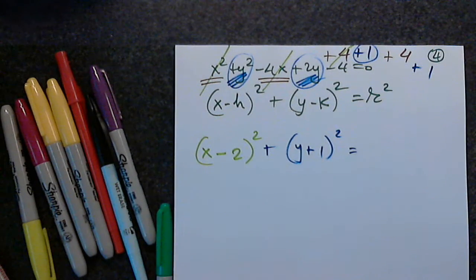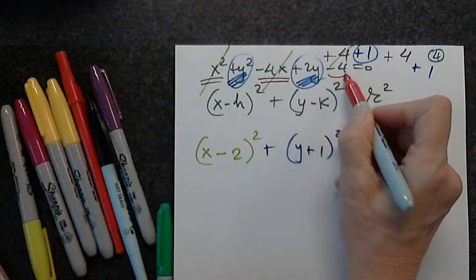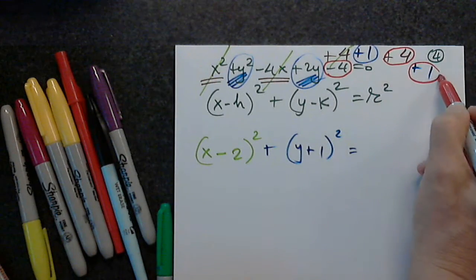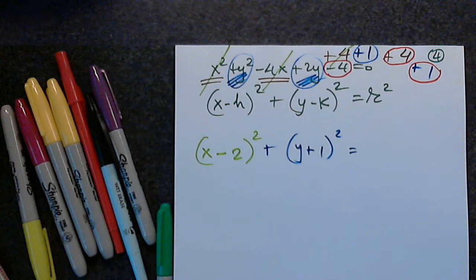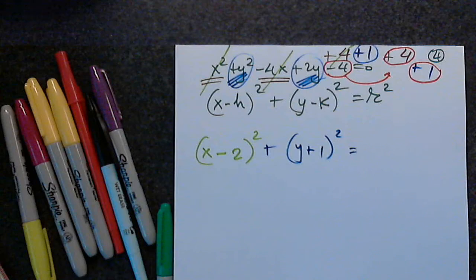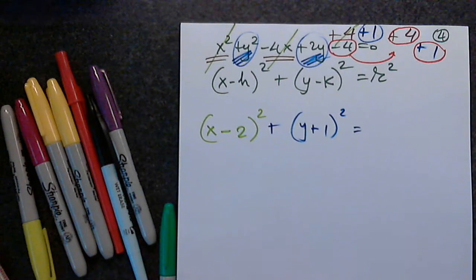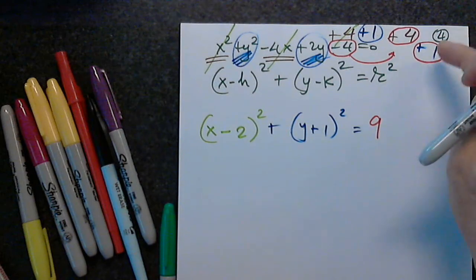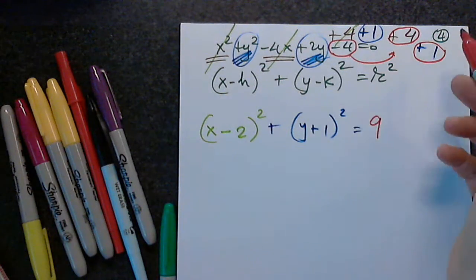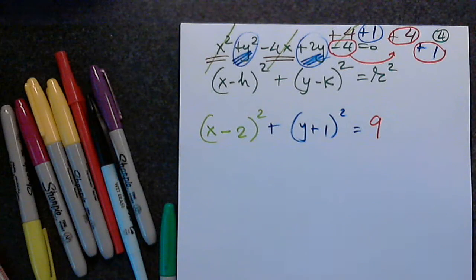So let's see what we have not used yet. We have not used this. We have not used this. And we have not used this. But this one has to come from the other side. So what is left on the right? Exactly. 4 plus 1 is 5, and I bring a 4. So 4 plus 4 plus 1.